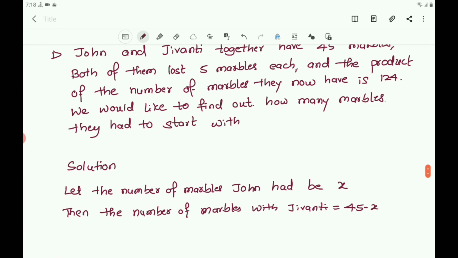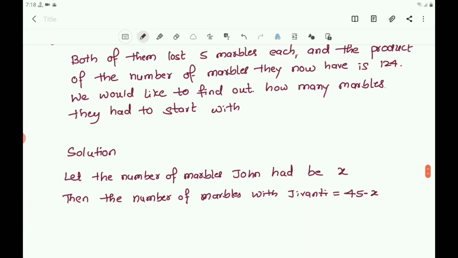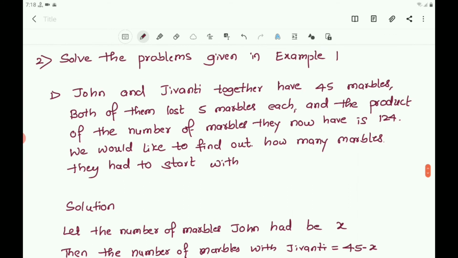So here, if the number of marbles with John is x, then the number of marbles with Jeevanti is 45 minus x.